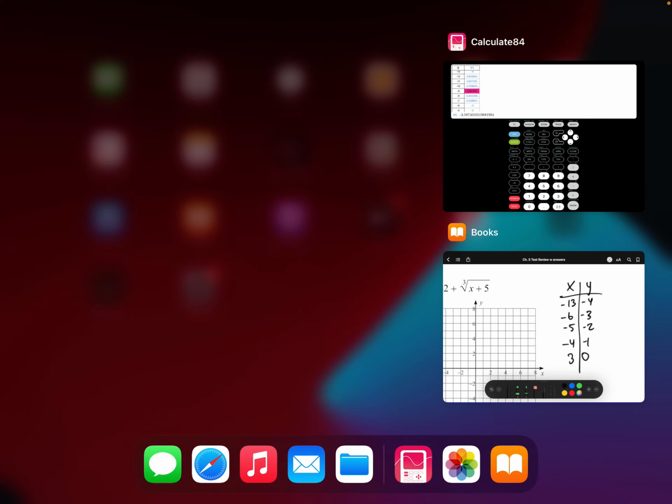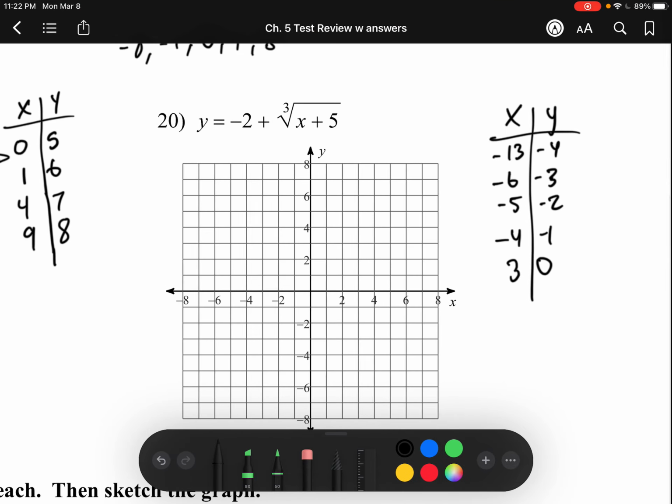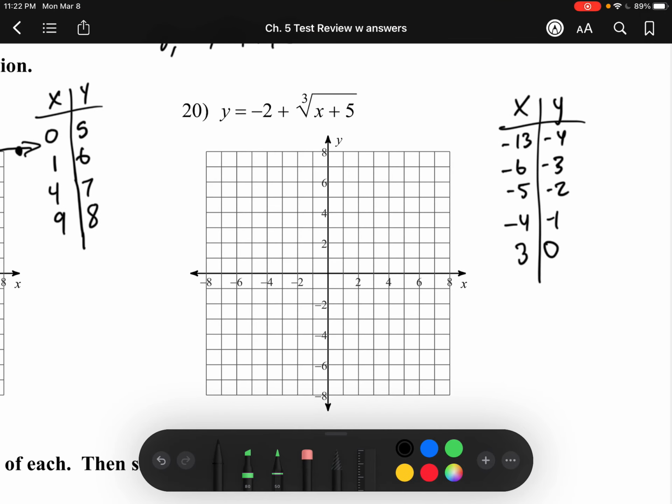So I've already written out my XY table, so I'm going to go ahead and graph these points. Let's start off here, actually. So we're at -3, 0. That point right here. Then from -3, 0, we go to -4, -1, which is right here.